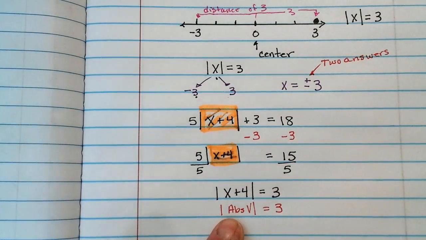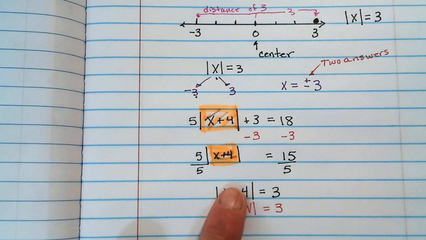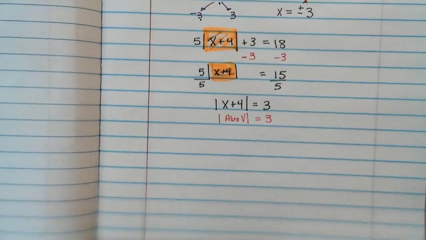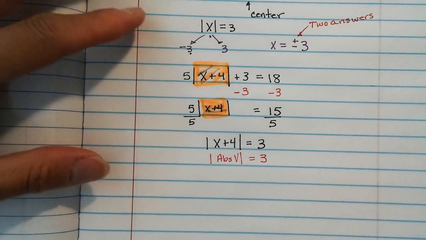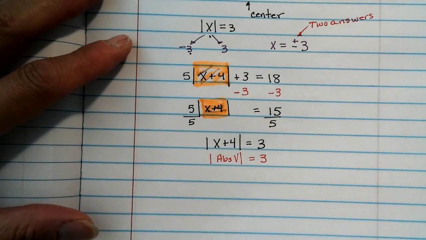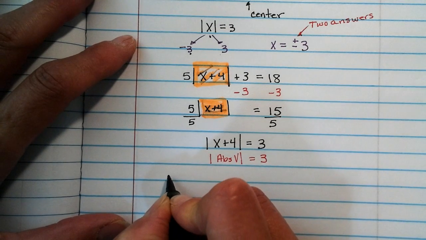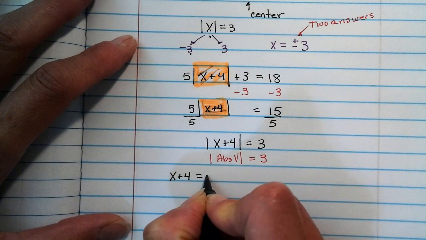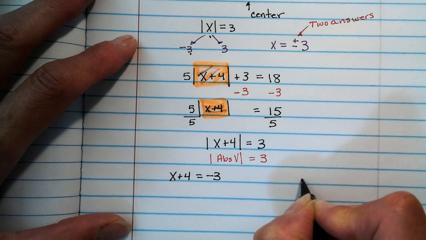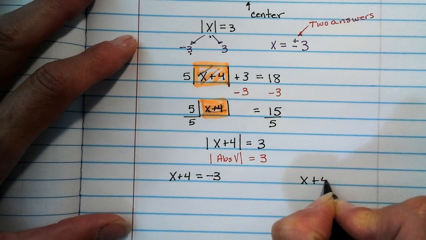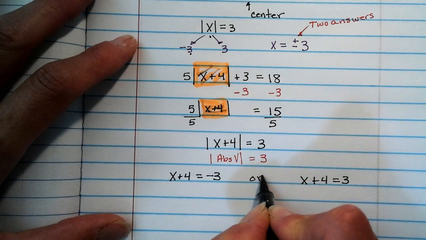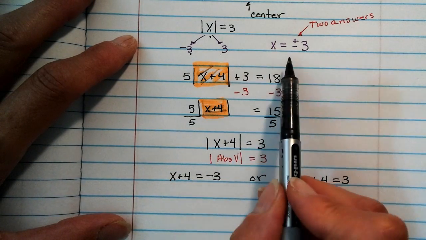So notice I'm going to take whatever was inside and make it equal to plus or minus. Okay, so what was inside? What was inside was x plus 4. So x plus 4 could equal negative 3, or x plus 4 could equal 3. Because remember, that's what we got up here, right?